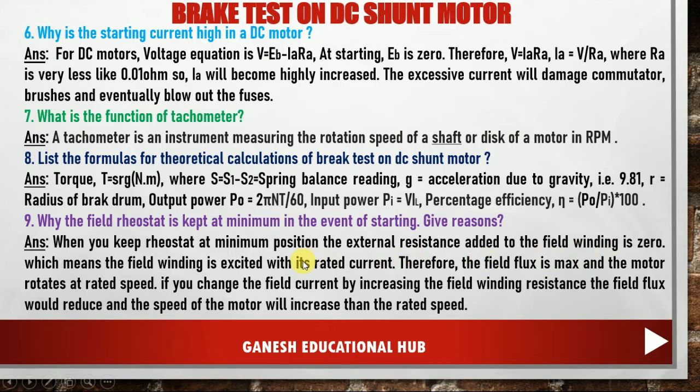So the field winding is excited with its rated current only. Therefore, the field flux is maximum and the motor rotates at rated speed. If you change the field current by increasing the field winding resistance, the field flux would reduce and the speed of the motor will increase above the rated speed.